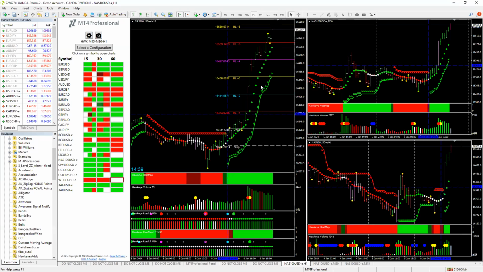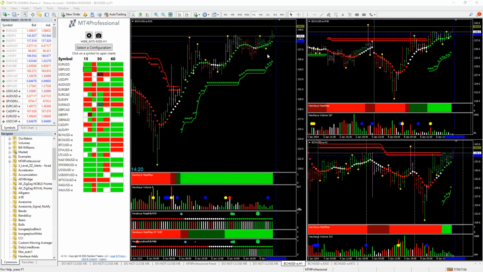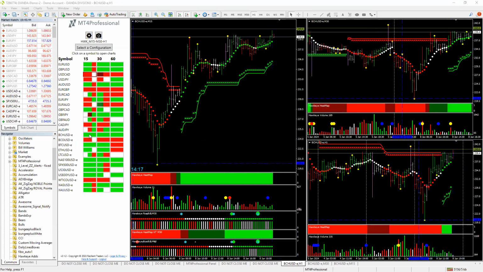So the trend color, the momentum, and the volume colors are going to be displayed right here on this part. When they're all the same color, like you see here, Bitcoin Cash is showing us a green, green, green. So if I were to click on that, then you'll be able to see that the trend dot is green, the momentum is green, the volume is green. So that's green on my 15-minute.